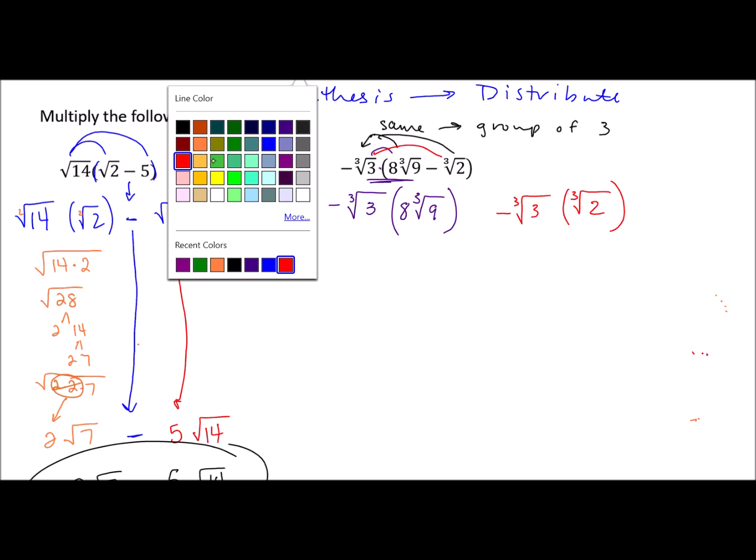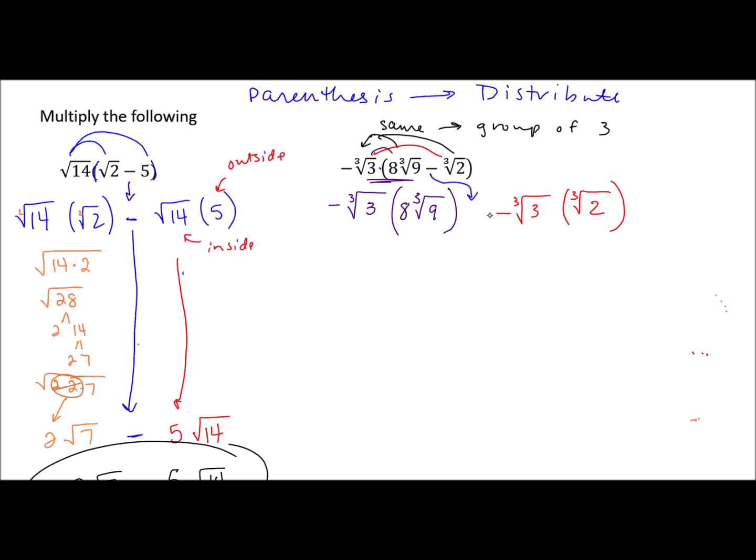And then don't forget this guy right here. That was the minus in between the two distributing. Yes, we do have a negative here, and yeah, we're going to end up changing it to a plus and that kind of stuff. I know some of you see that. We'll deal with that later.